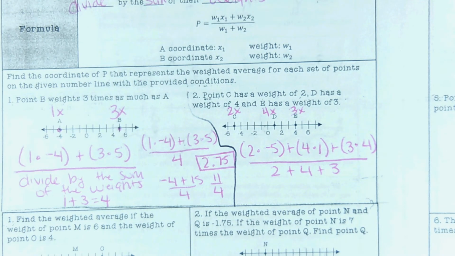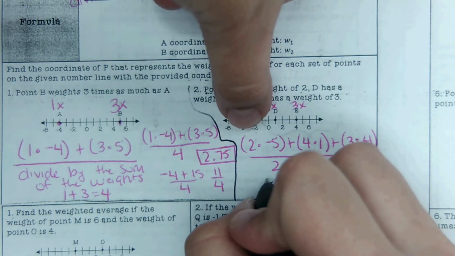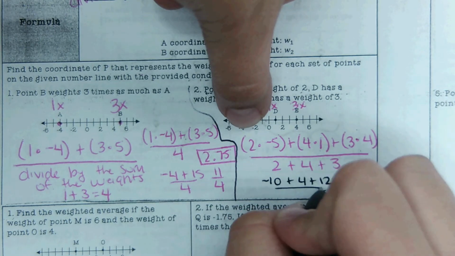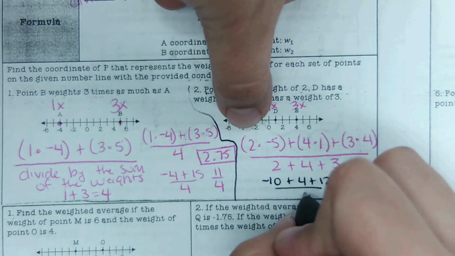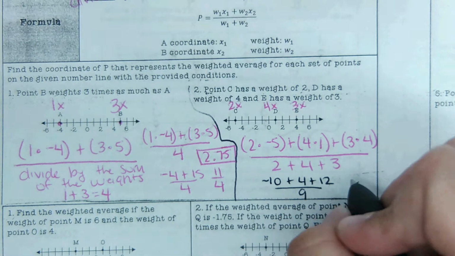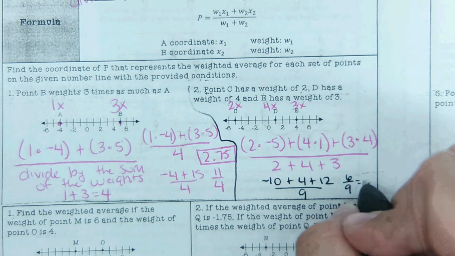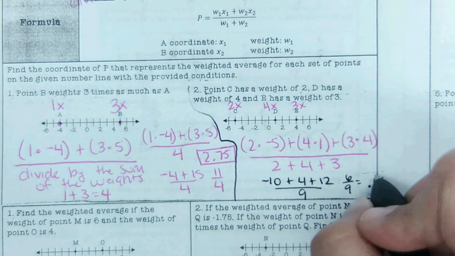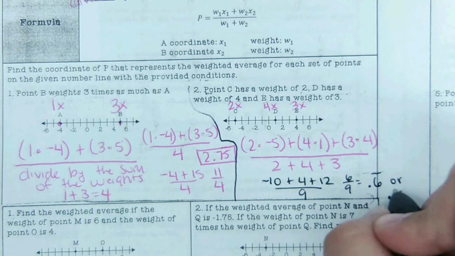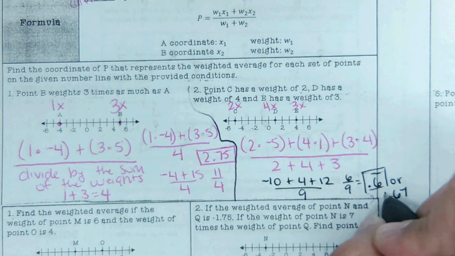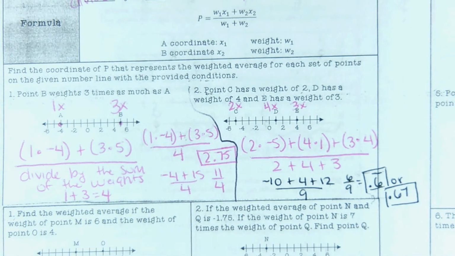Okay, then follow order of operations to solve. That would be 0.6 repeating, or 0.67, however you want to represent that answer. Usually it's multiple choice, so you're just choosing whatever format they put the answer in.